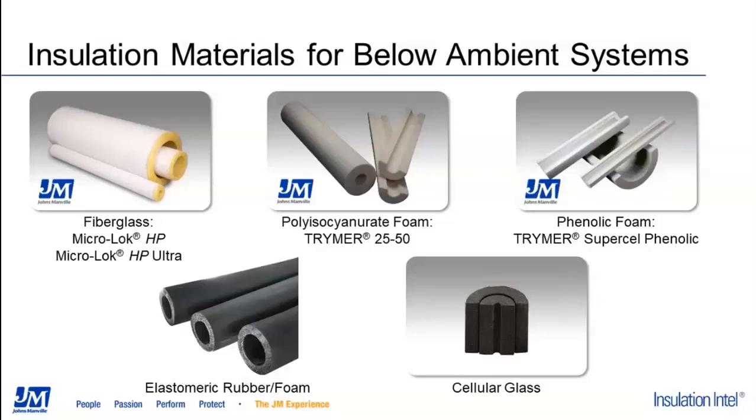This is also a rigid foam that is initially manufactured as bun stock and then later fabricated into sections and fittings. Two other types of insulation that JM does not offer are elastomeric rubber, which is a flexible insulation manufactured in tubes and rolls, and cellular glass, which is a rigid insulation. It's actually manufactured in blocks. The blocks are glued together and then can be fabricated into pipe sections and fittings.